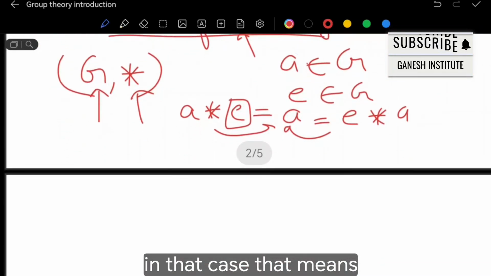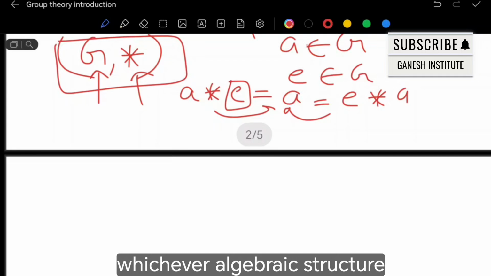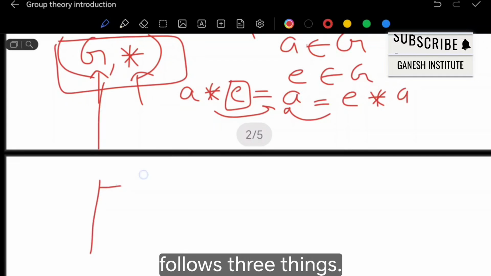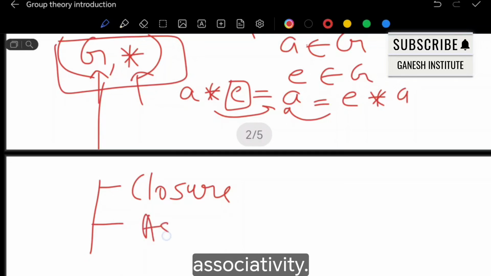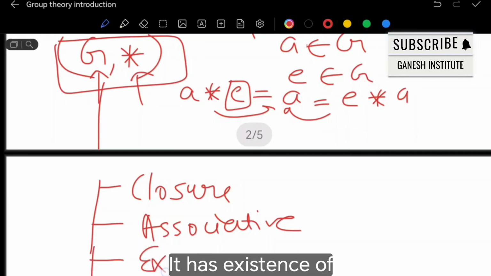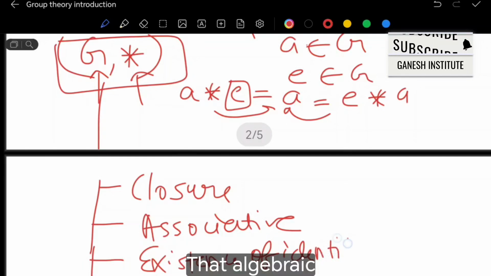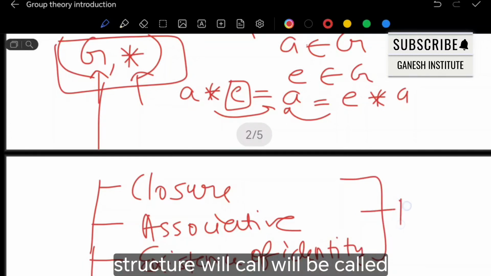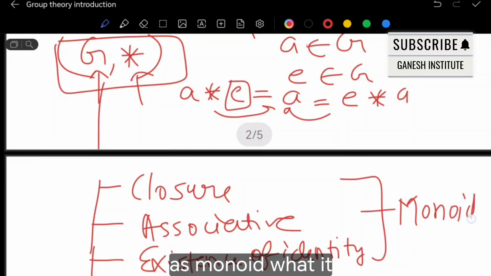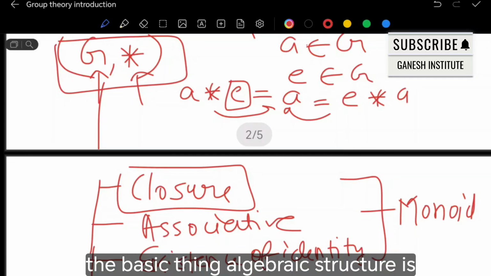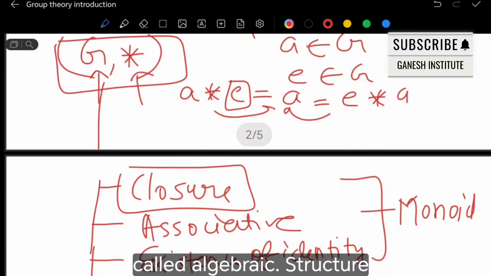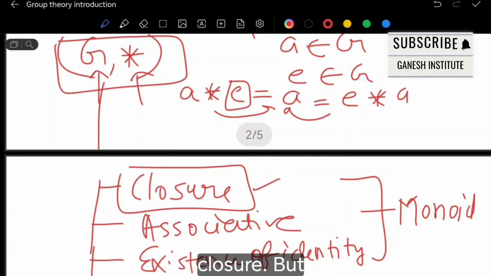And in that case, that means whichever algebraic structure follows three things: it is closure, it is following associativity, it has existence of identity, that algebraic structure will be called a monoid. What will it be called? Monoid. So closure is the basic thing. Algebraic structure is called algebraic structure because it is closure.